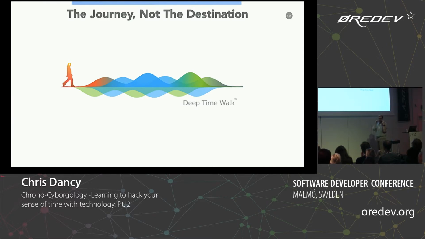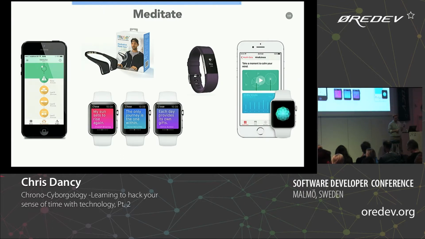The app will stop playing music the minute you stop walking. So it's really nice if you want to slow down your day and take things in. It's really remarkable. Check out Deep Time Walk.